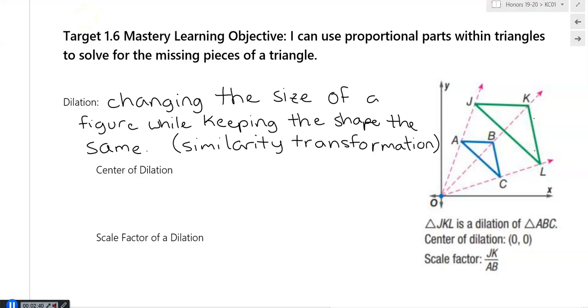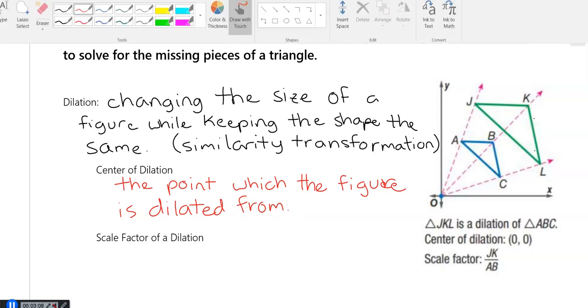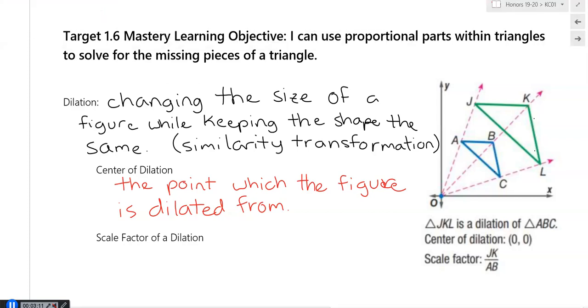Our center of dilation is the point which the figure is dilated from. And then we have our scale factor. And we looked at scale factor before.